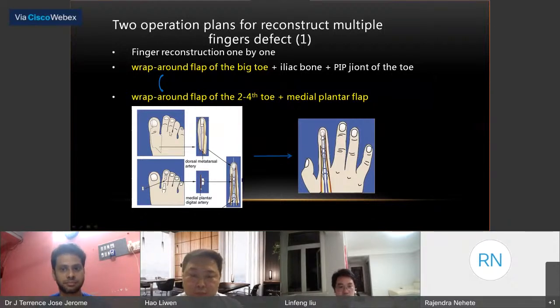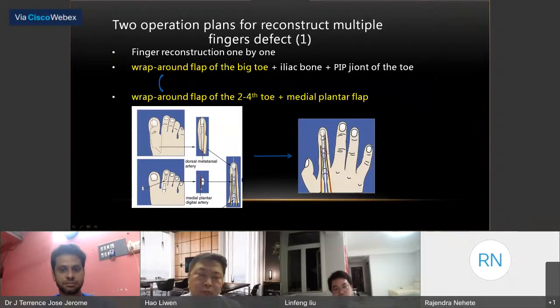Like in this photo, we use a wraparound flap of the big toe, the ilium bone, and the joint of the toe to reconstruct the whole finger.